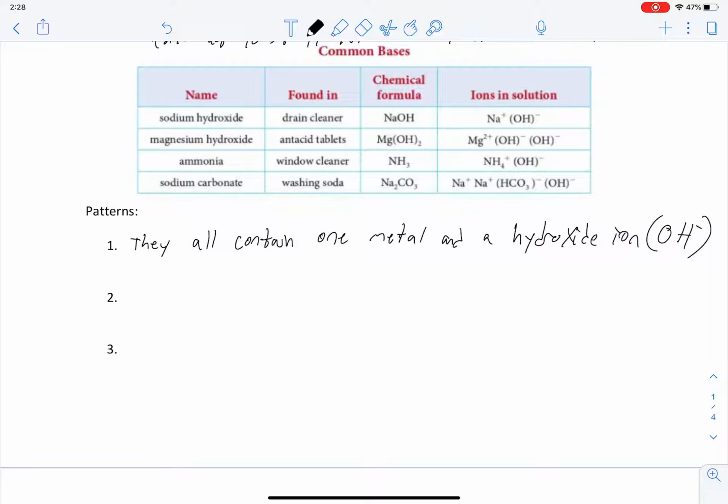Okay, and the metals we see are all found in the first 2 columns of the periodic table.